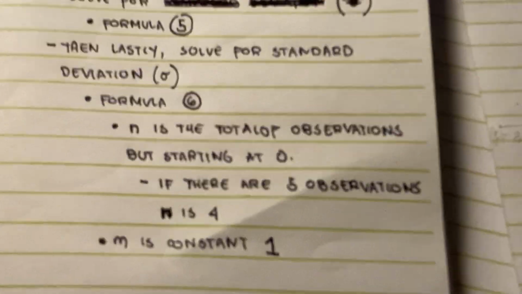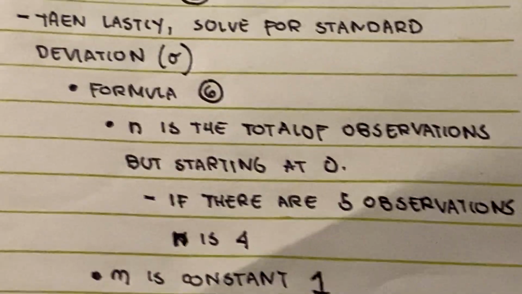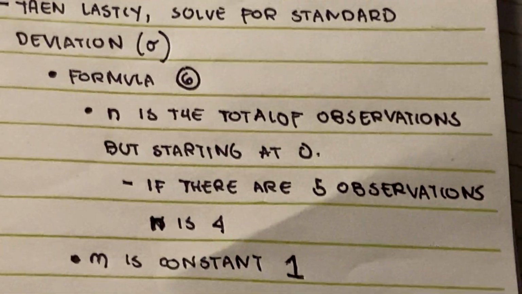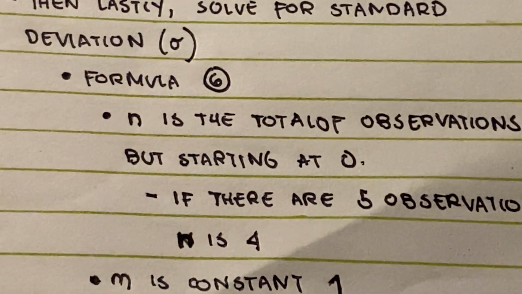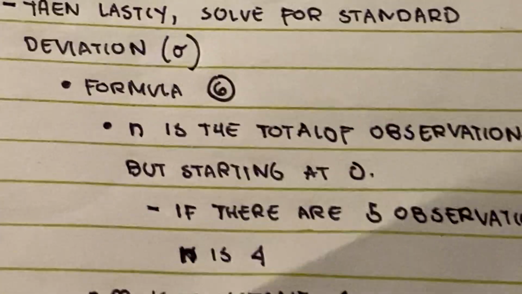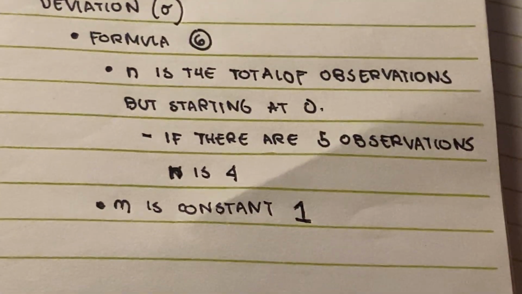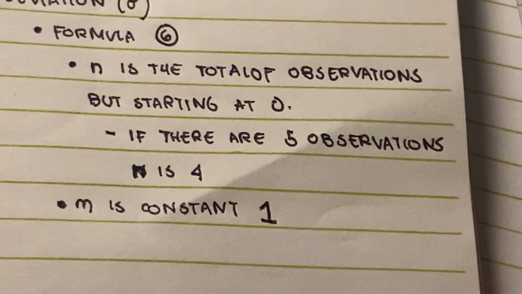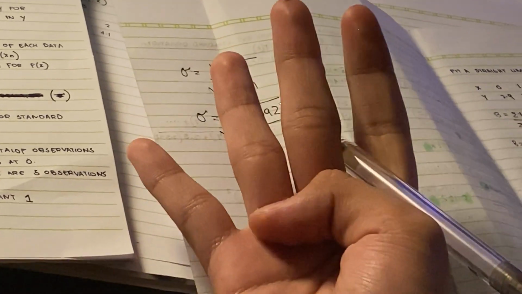Ako lang nagsulat nito based lang sa pagkakaintindi ko. Ang N daw is the total of observations, but nag-start siya lagi sa 0. So, if 5 yung observations, meaning 4 lang yung N. Kasi 5 observations, pero mag-i-start sa 0, which is 0, 1, 2, 3, 4.